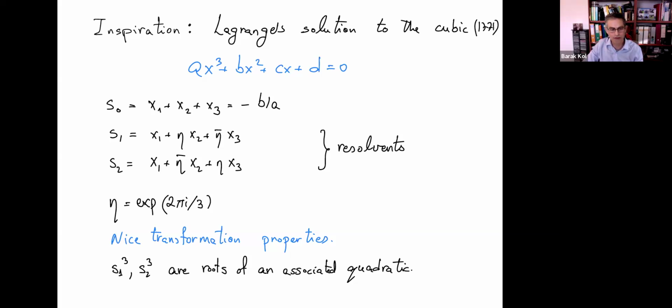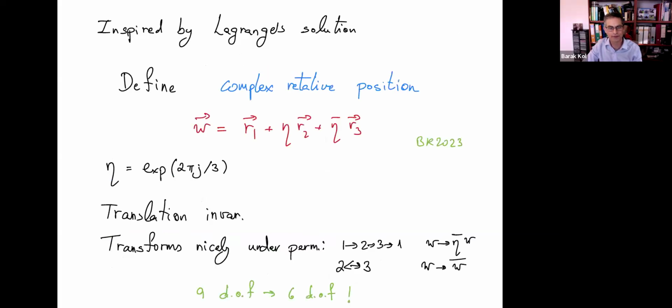Now we're going to do something similar for the three-body problem, and we're going to define the following quantity: a complex relative position. In the two-body case, it was R1 minus R2.